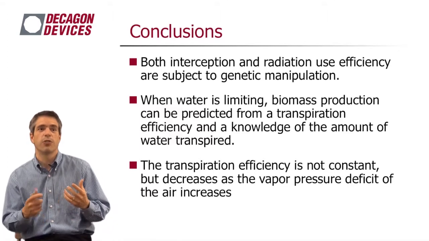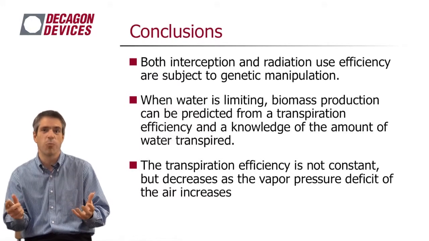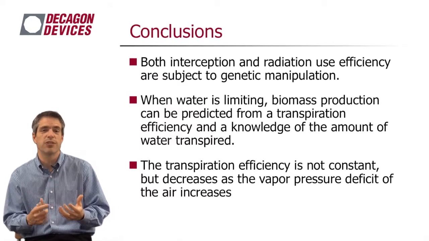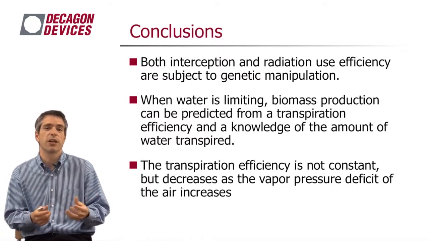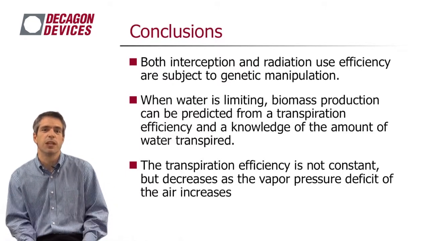And finally, we know that transpirational efficiency is not constant. We've actually got to do more measurements out in the field to use that model, but it decreases as the vapor deficit in the air increases. And even through the day, that's not consistent.